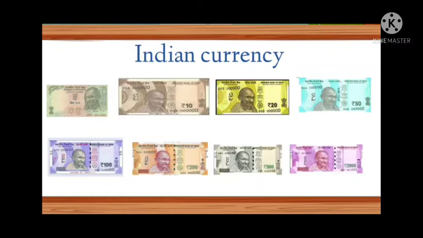The third one is a 20 rupee note and the fourth one is a 50 rupee note. Down, the first note is of 100 rupees. This is slightly purplish in color. The second one is a 200 rupees note, which is yellowish in color.